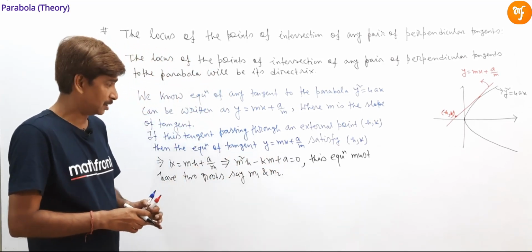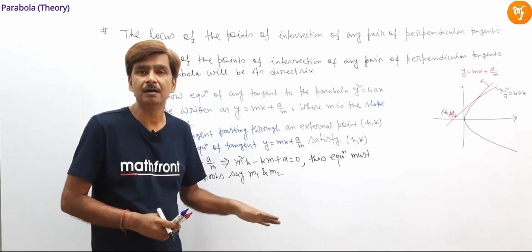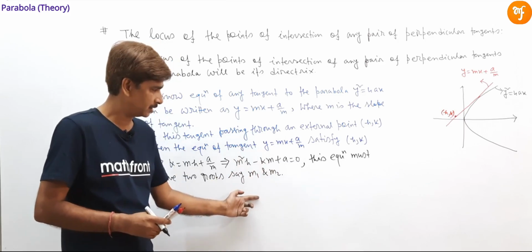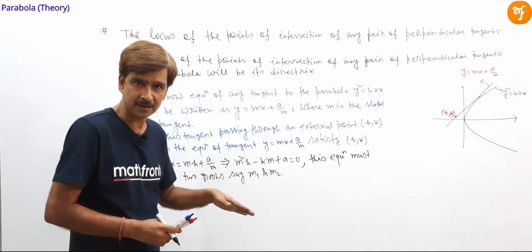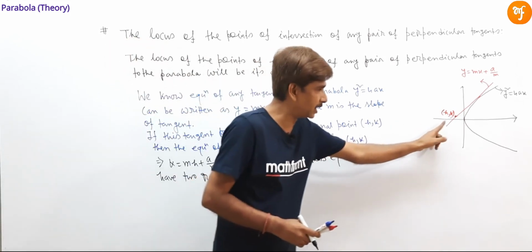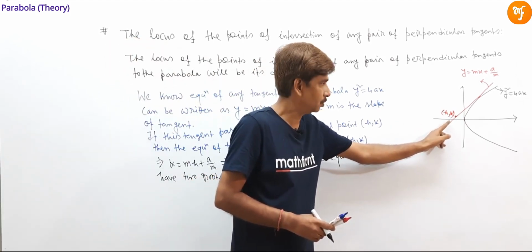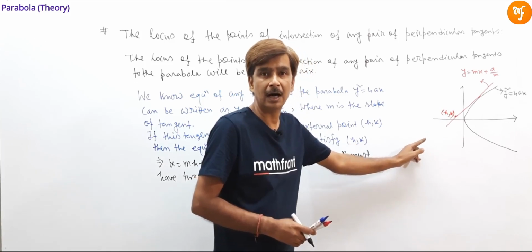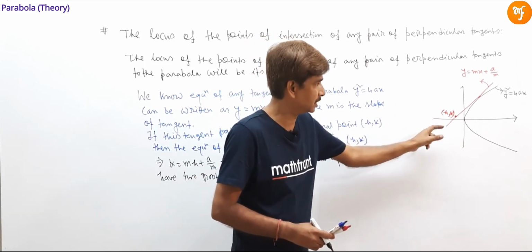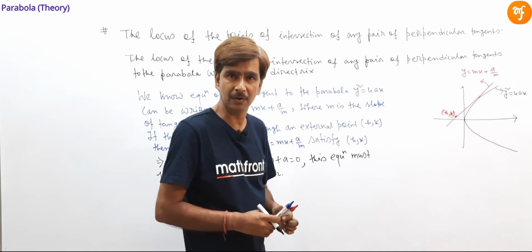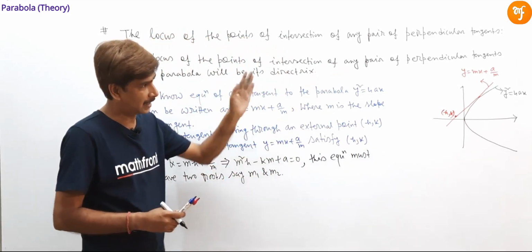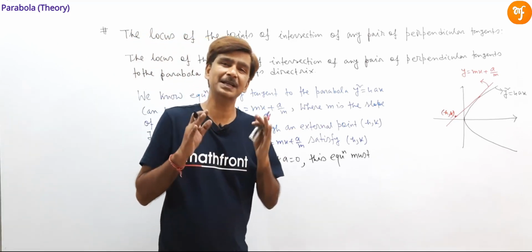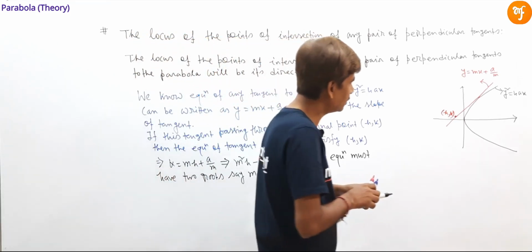Now, what does this refer? This refers that from the external point h comma k, we are able to draw a pair of tangents, that is two tangents to this parabola. One of the tangents has slope m1 and another tangent must have slope m2.